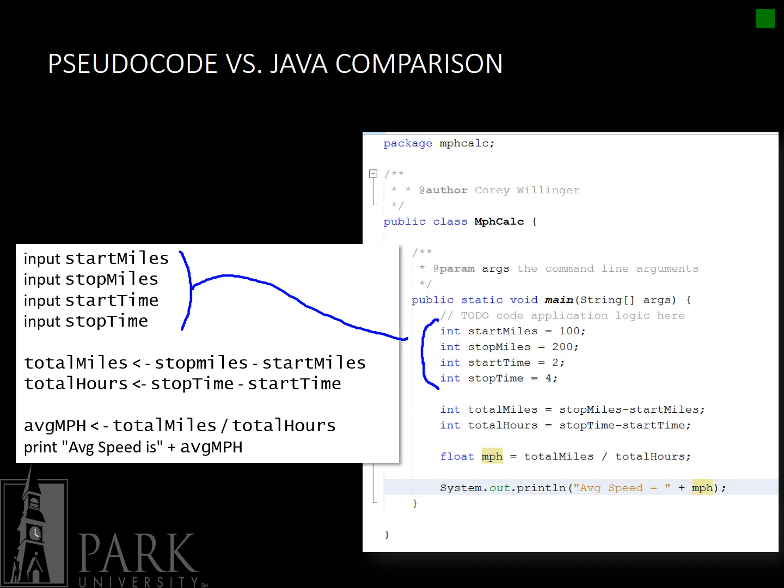We can see how this total miles is equal to our stop miles minus our start miles. You can see that corresponds to that line right there, and this line right here. And you can see how our average mile per hour calculation is done right here, and our print is done right here. So it's almost precisely a one-to-one translation from our pseudocode to our actual program.